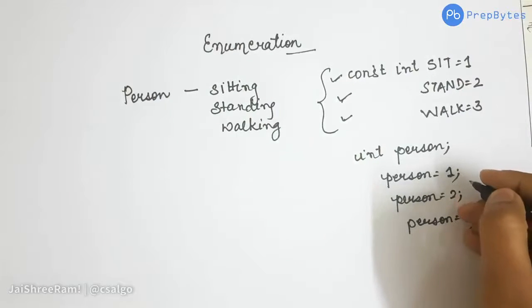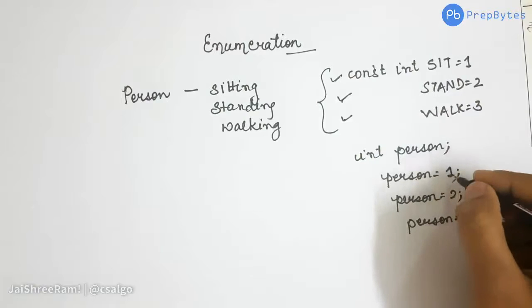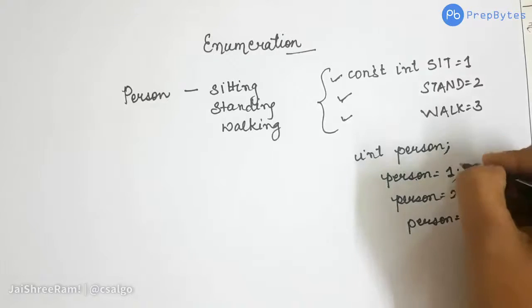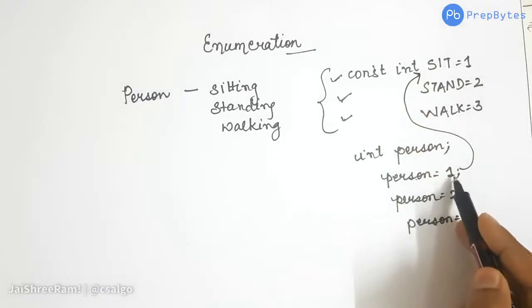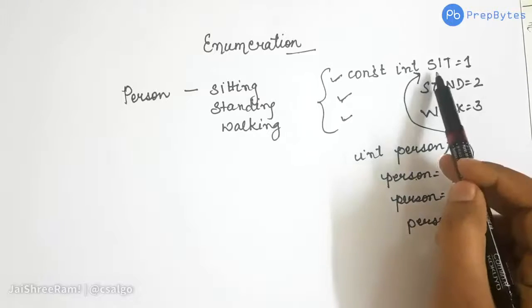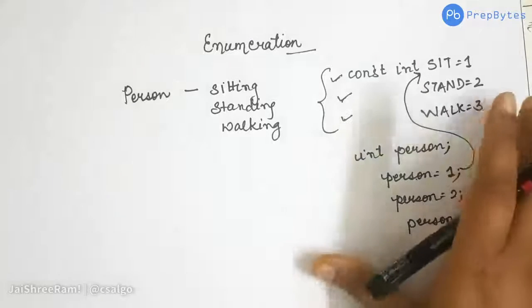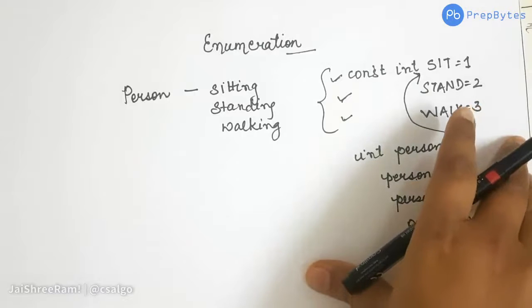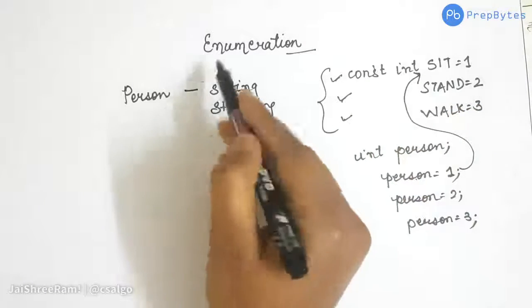For understanding what person equal to 1 refers to, whether it refers to sitting, standing or walking, we will have to go here and see what 1 corresponds to. It corresponds to sitting. I'm not saying that it cannot be done in this way, but it could be done in a simpler and more handy way using enumeration.